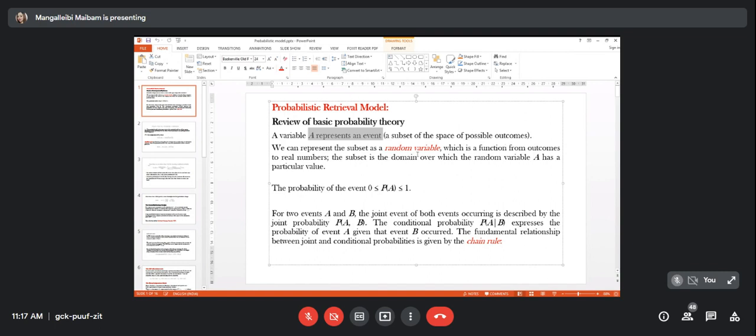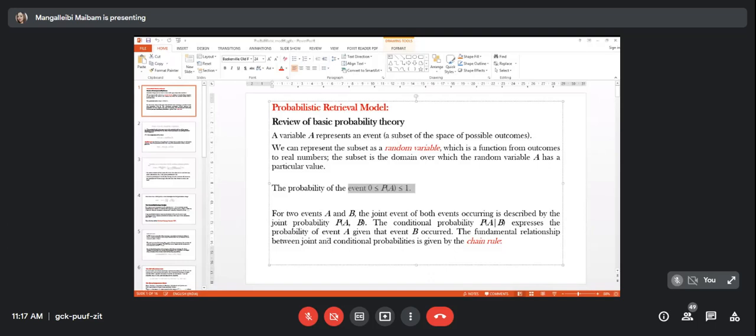And we have random variable. A random variable is a function from outcomes to real numbers. For the probability of any event, the value will be less than or equal to 1. So 0 ≤ P(A) ≤ 1.